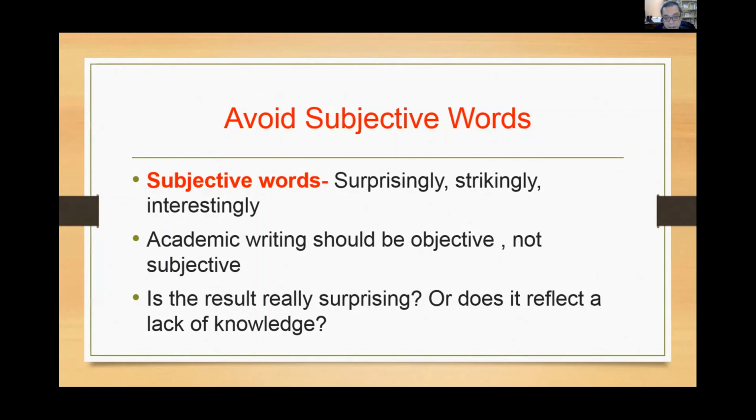So avoid words like strikingly, surprisingly, interestingly in your text, because you cannot expect the reader to think the same way as you, or they might think it reflects a lack of knowledge in your work. People might think that because you have not done enough study, you are very surprised by your own data.